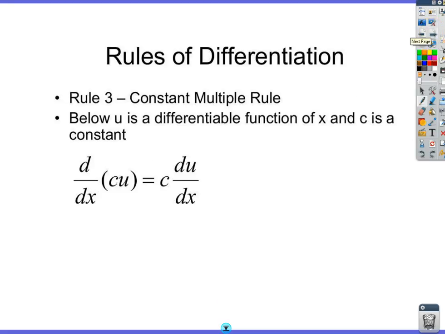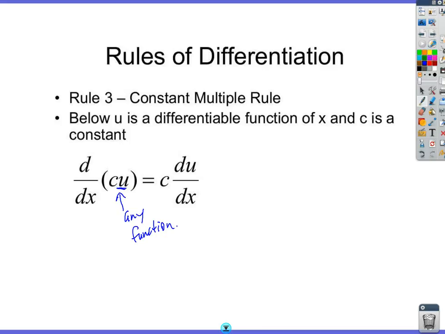This is called the constant multiple rule. If u is a differentiable function of x and c is a constant, so u is a function, u can be any function. It could be a polynomial, it could be a rational function, whatever the case may be.